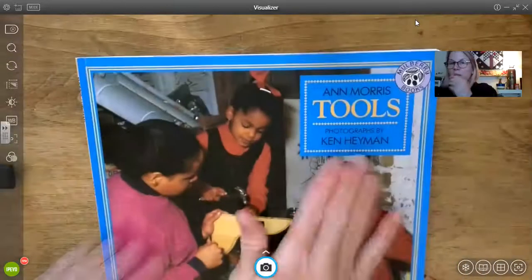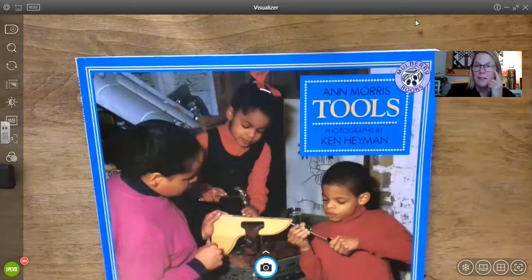So this book, Tools, was about tools and how people use them all over the world to make their lives easier. We're going to learn more about this throughout the week. As I said earlier, we're going to study and break down this book a little bit more. Remember, your job right now is to go ahead and do your response.